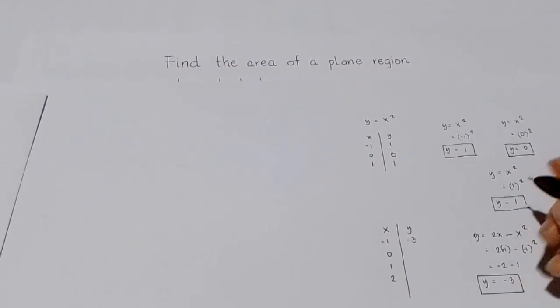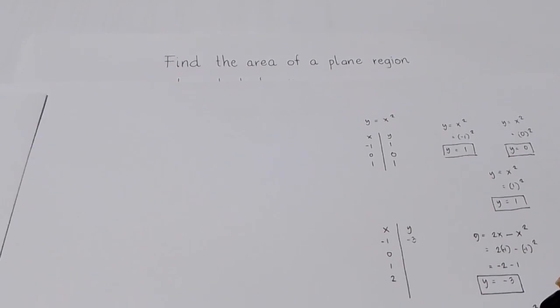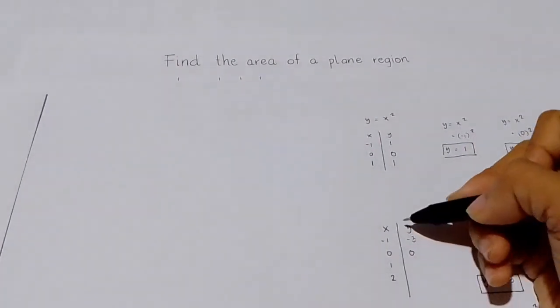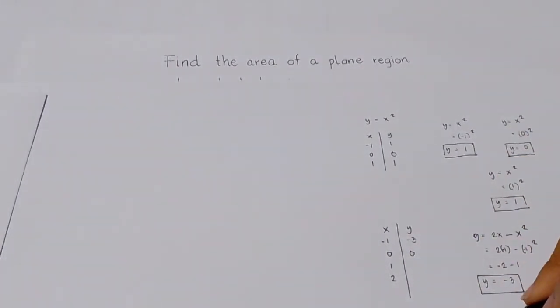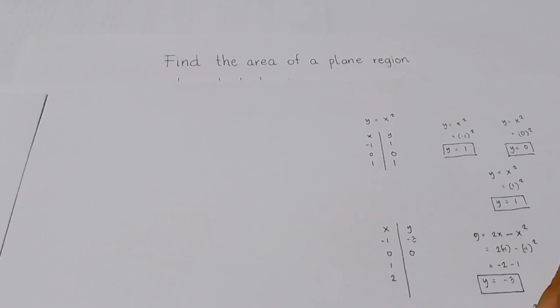Then for x is 0, 2 times 0 is 0 minus 0 squared, 0, so 0 minus 0 is 0. For x is equal to +1, we have 2 times 1 minus 1 squared. 2 times 1 is 2 minus 1 squared is 1, so we have 1.